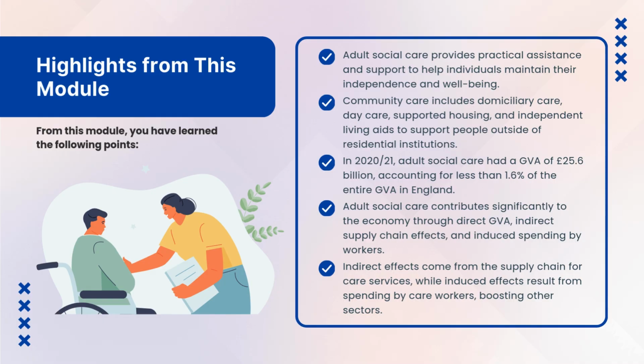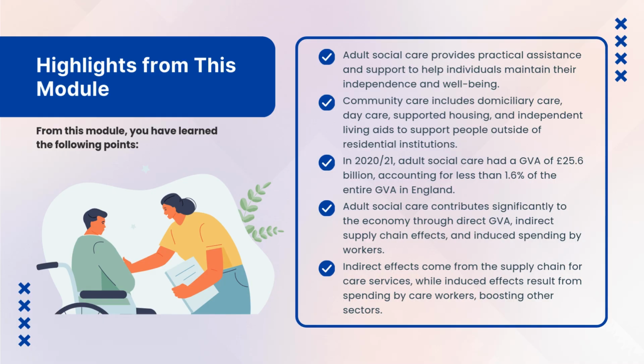In 2020 to 21, adult social care had a GVA of £25.6 billion, accounting for less than 1.6% of the entire GVA in England.